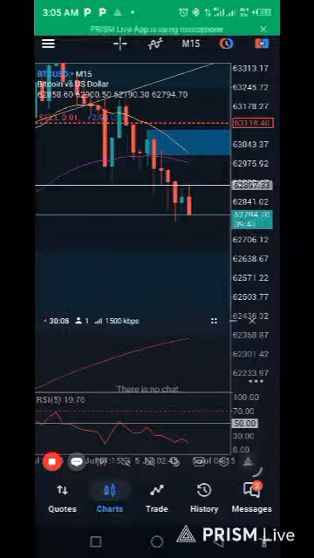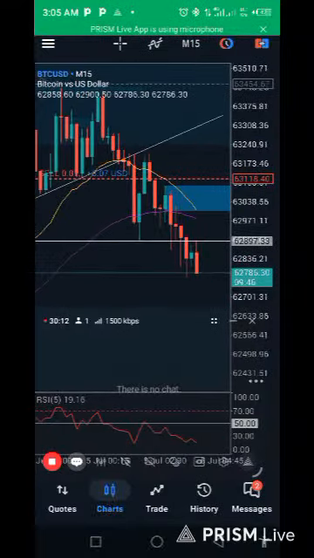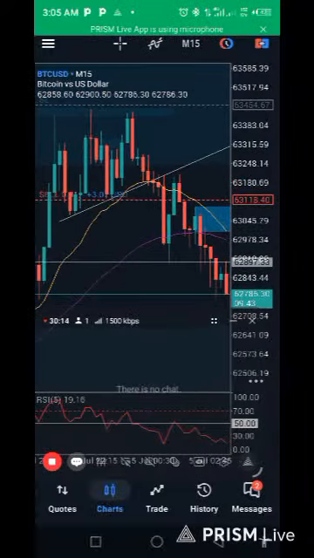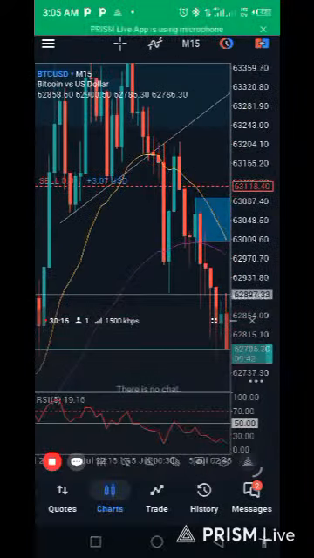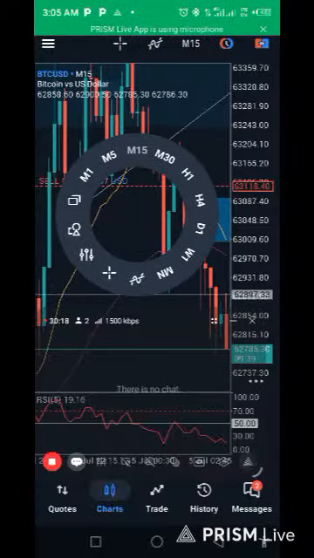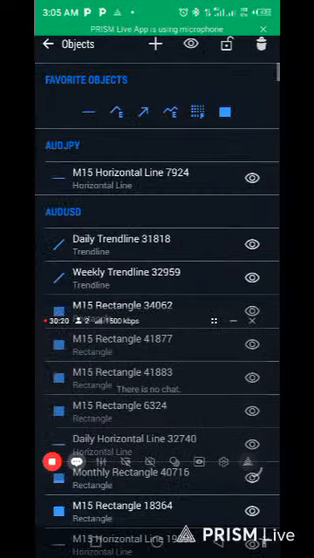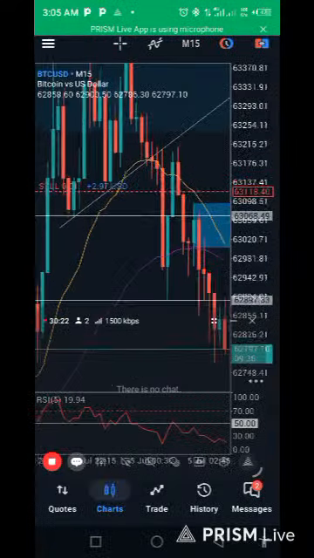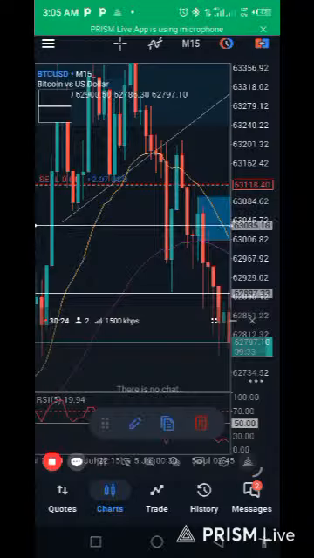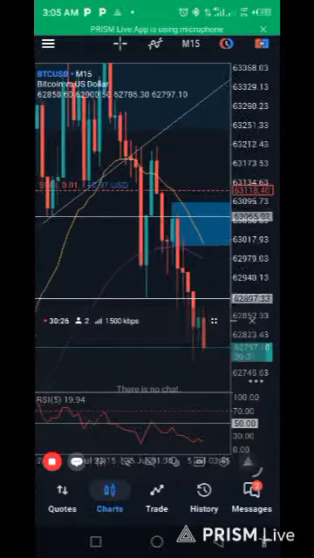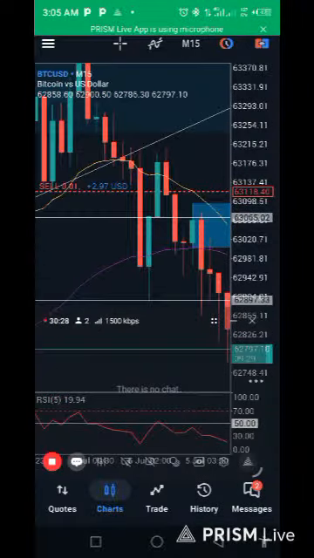Let me give an example with this trade of mine now. In this 15 minute time frame, there was a break of structure here, and it came back up here and touched this other block.